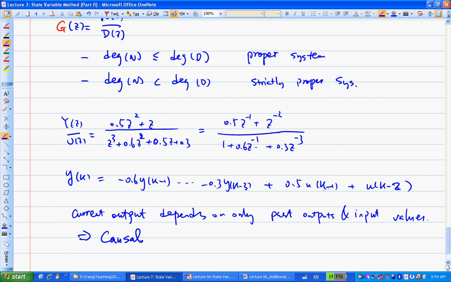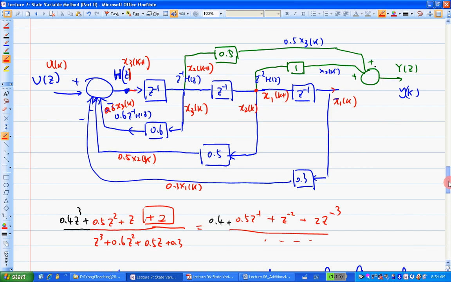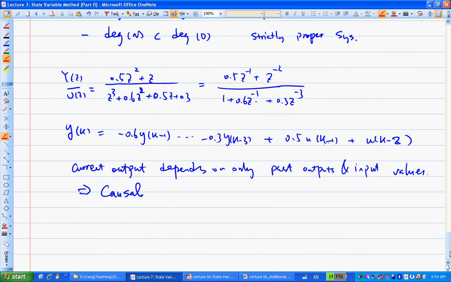What happens if I add something? Remember what I added there? I added the 0.4 here, right? So what if I added 0.4z cubed here, so the numerator is 0.4 z cubed plus z here, right?